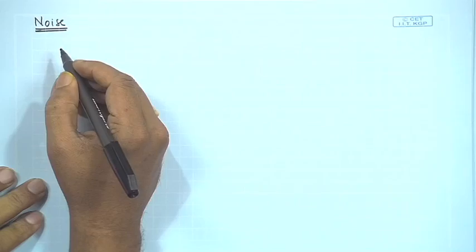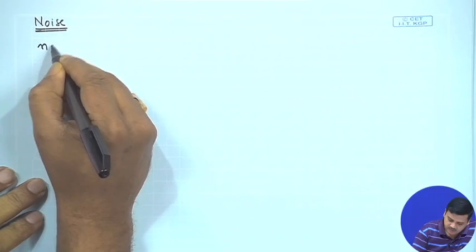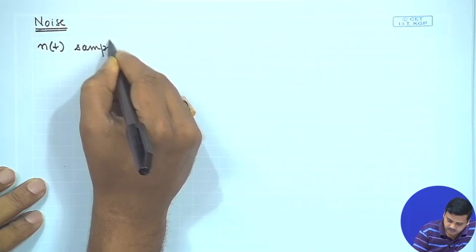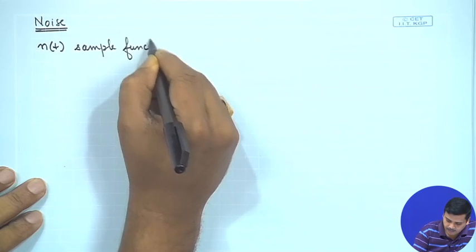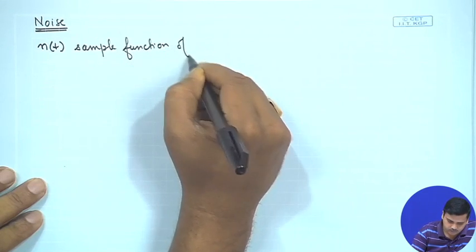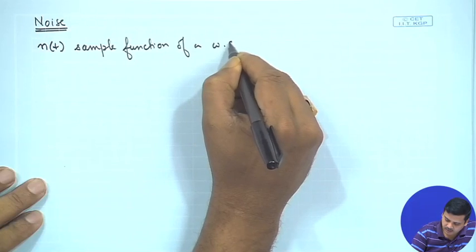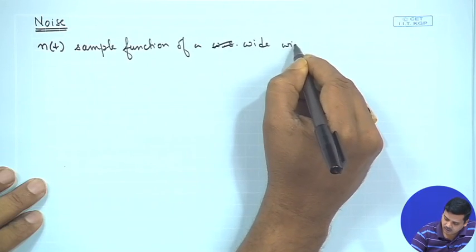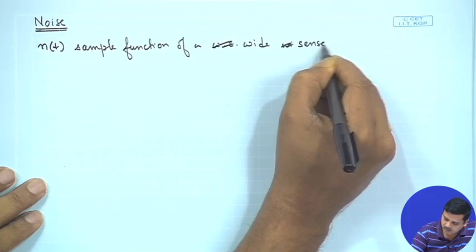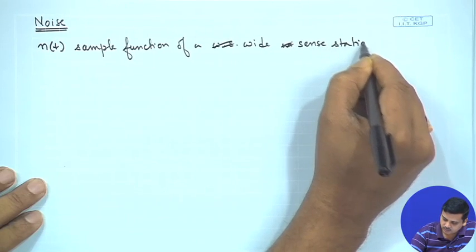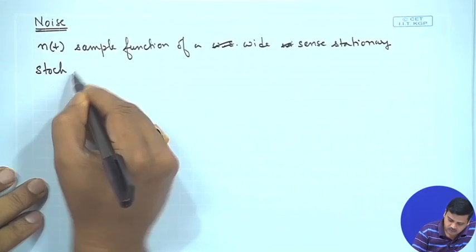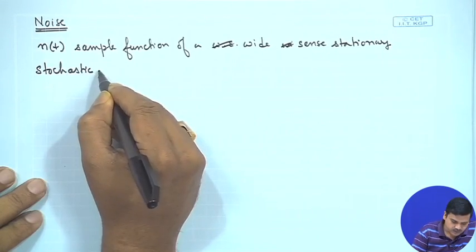And how do we take care of this. So, what we will consider is, suppose n(t), let n(t) be a sample function of a wide sense stationary stochastic process.